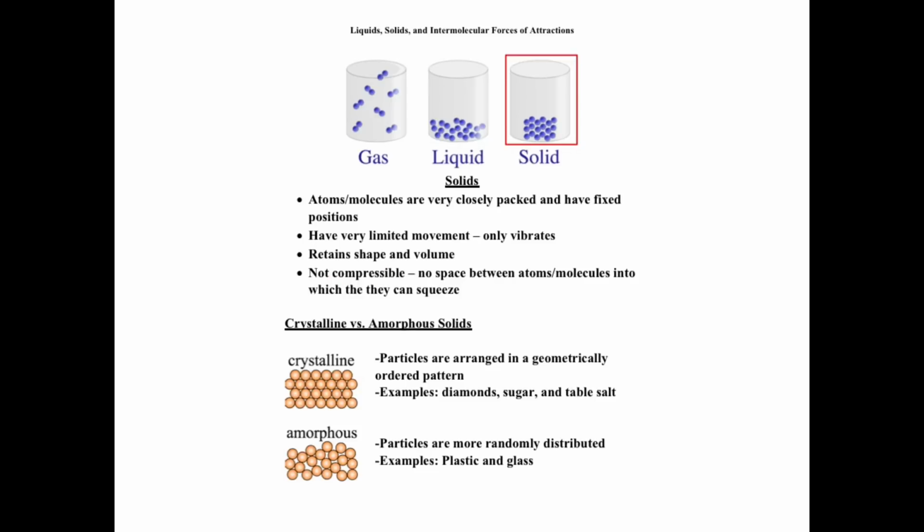Now, when thinking about solids, we definitely can think about other aspects of solids. So solids, pretty much you can classify them as crystalline or as amorphous, okay? Now, crystalline means that you have a very regular geometric pattern that's followed.